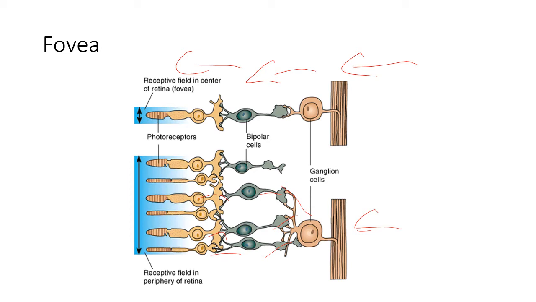In the center of vision, it is much more focused: the light will hit one ganglion cell, go to one bipolar cell, and go to one cone or rod, typically cones here, allowing it to process more information.